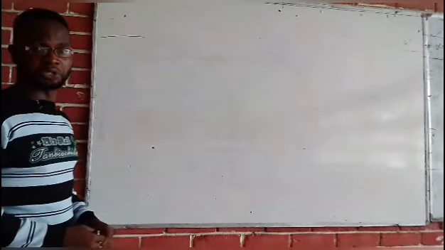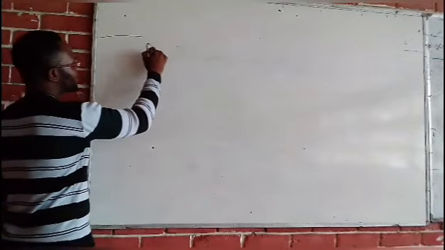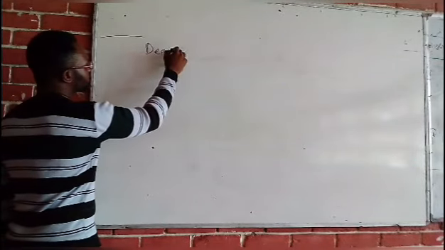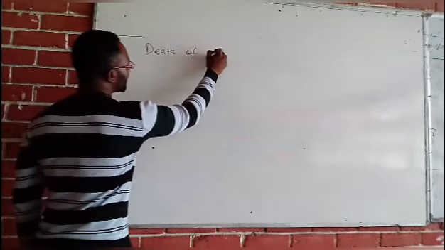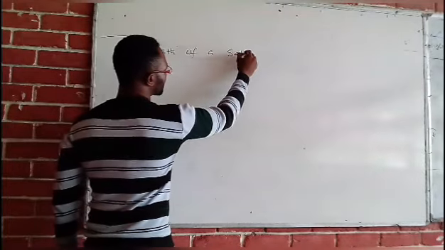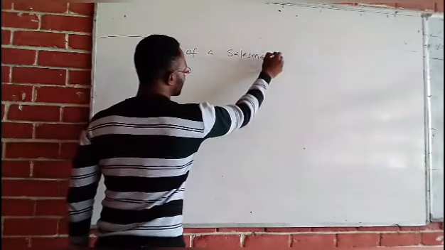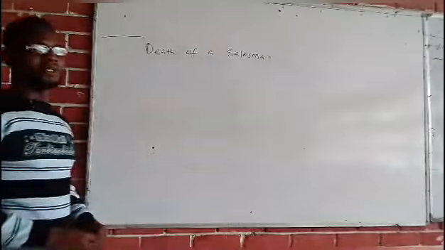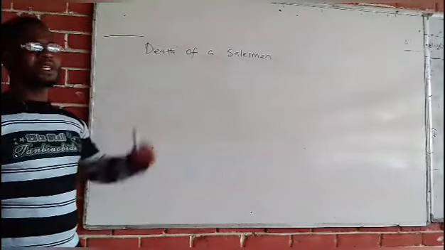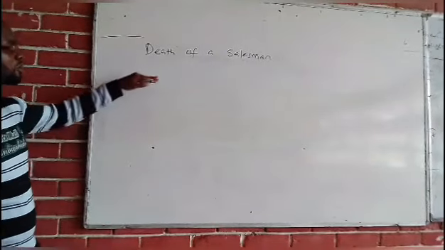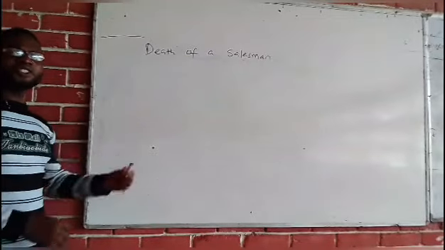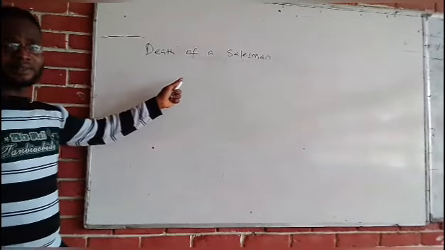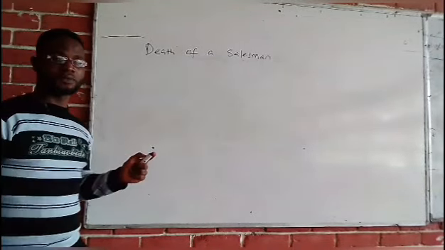All right. So let's look at other kinds of constructions. If we have something like this, "death of a salesman." Now I want to check, what kind of construction is this? Does this qualify as a phrase or a clause?